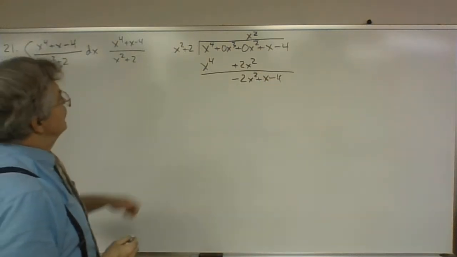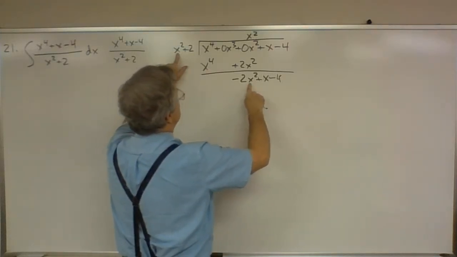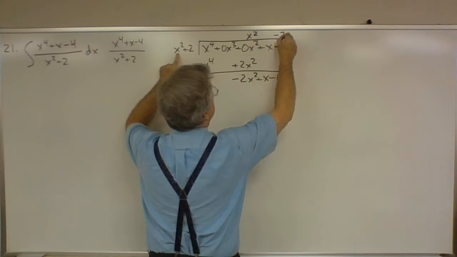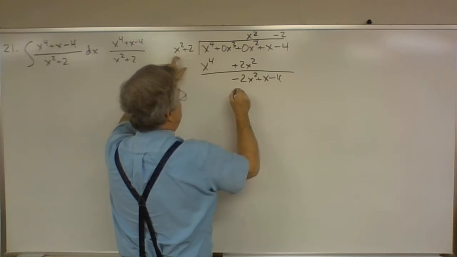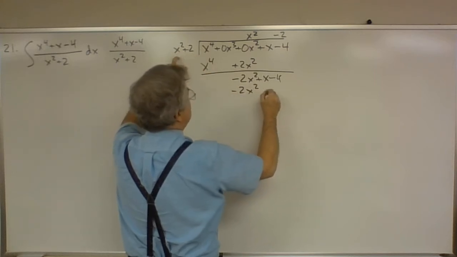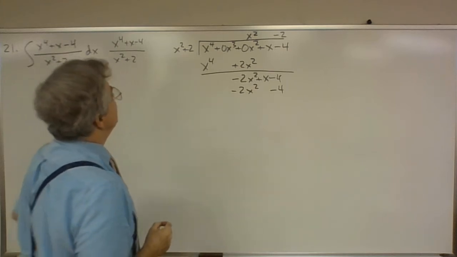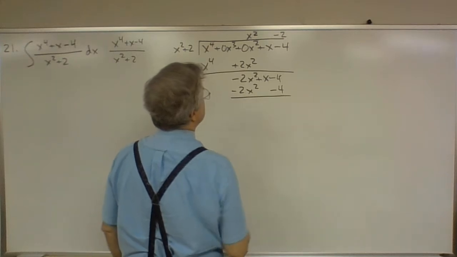And we repeat the process. x squared goes into negative 2x squared, negative 2 times. Multiply negative 2 times the divisor, we get negative 2x squared minus 4, I hope. Let's see, negative 2x squared minus 4, yep, looks right.